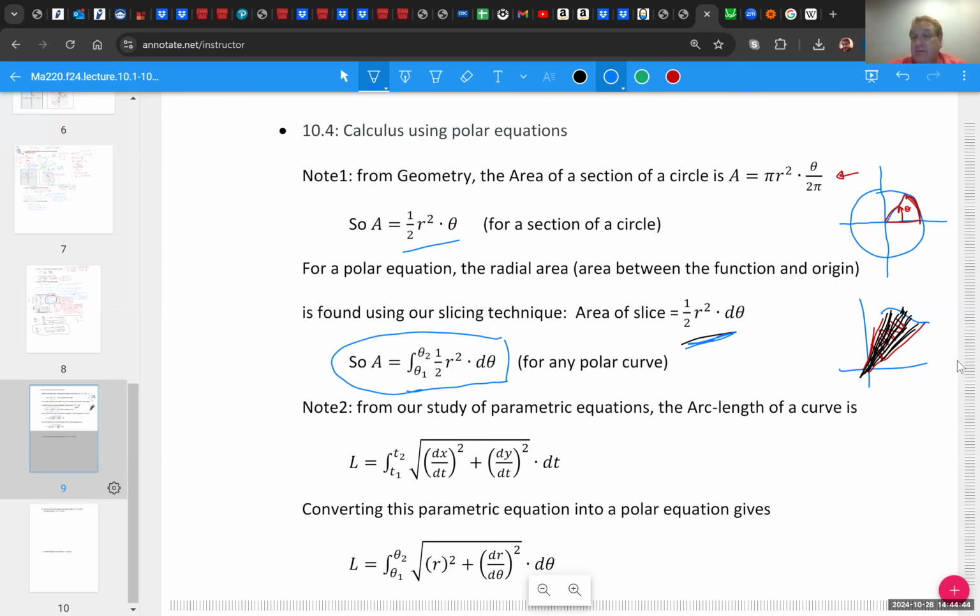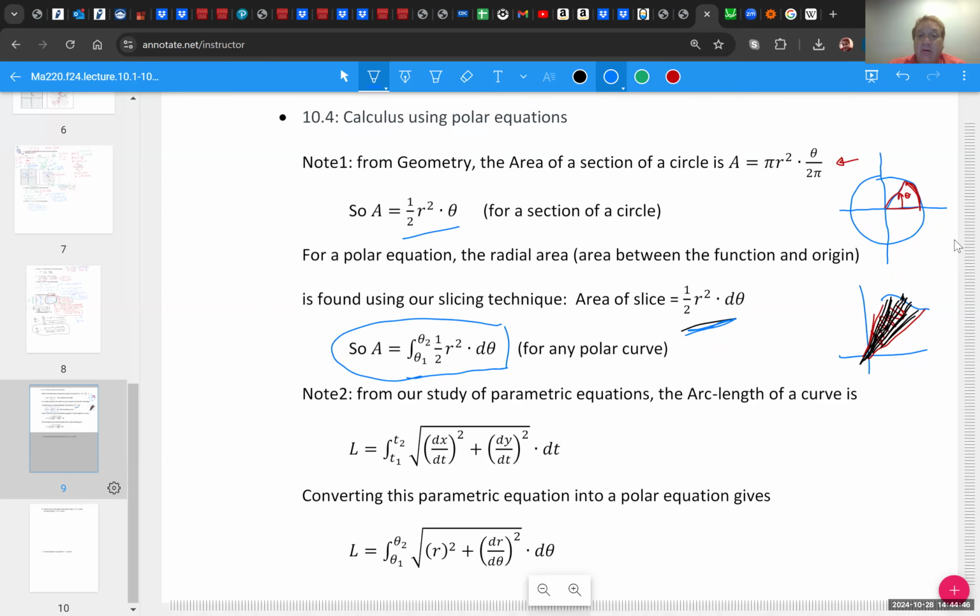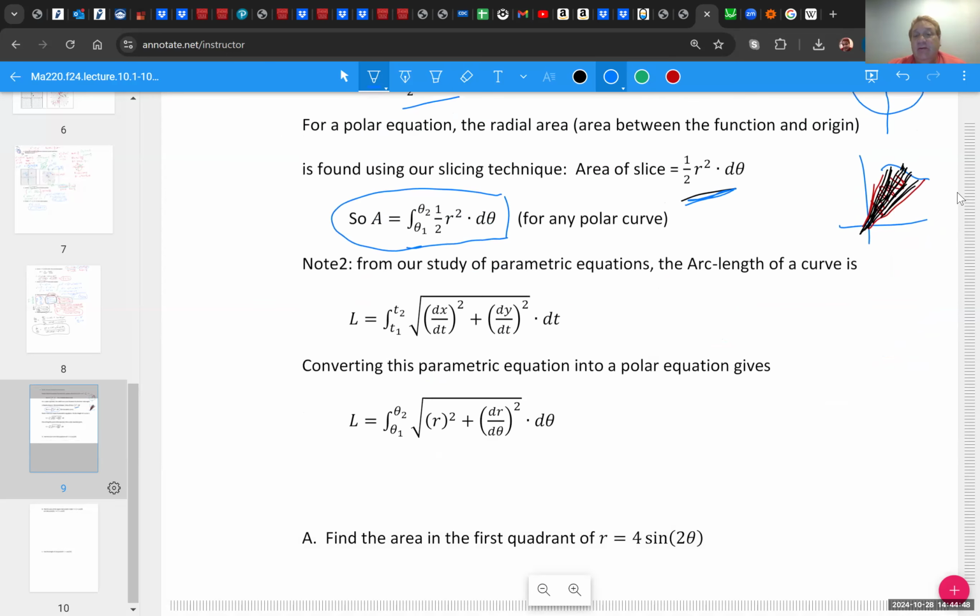Another formula to have written down, or if you would like to memorize those things, we did do parametric equations in 10.1, 10.2, and we developed this formula for the arc length of a curve in terms of parametric equations. And that was just simply taking our normal dx squared plus dy squared equals ds squared.